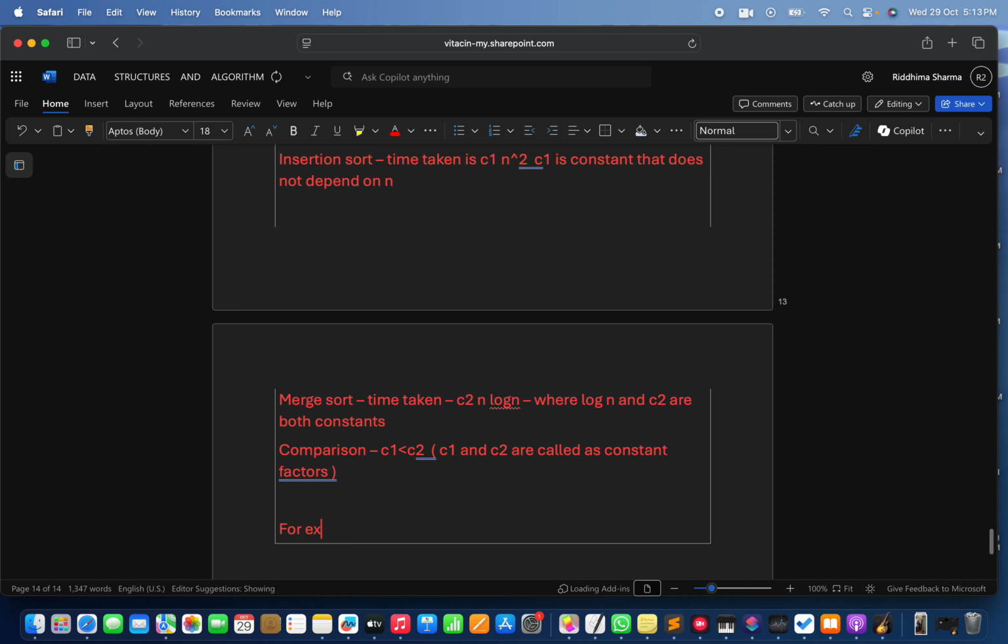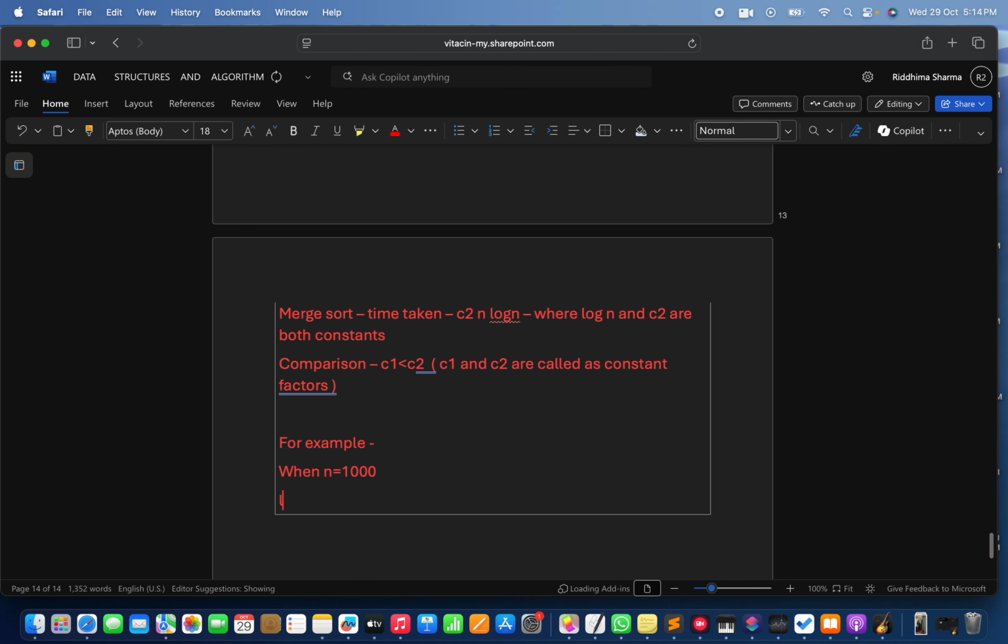For example, when n equals 1000, log n equals 10, and when n equals 1 million, then log n is 20.